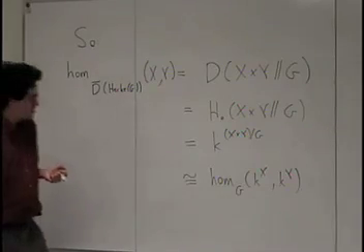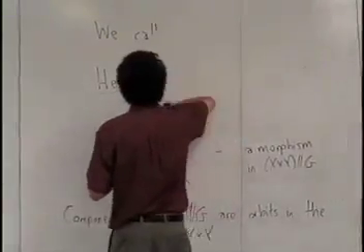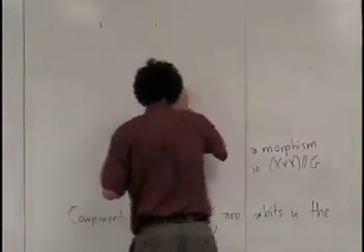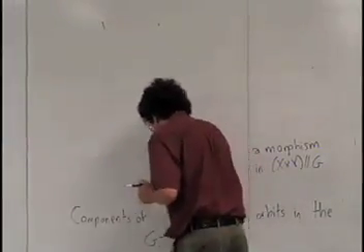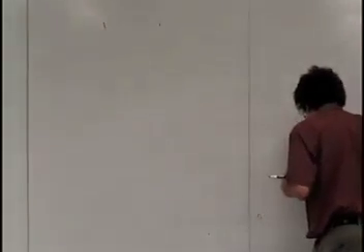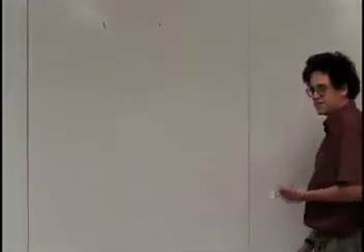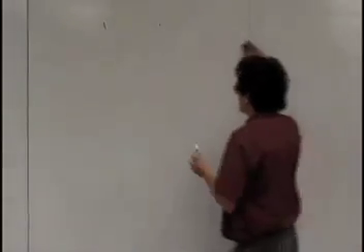What we've done is we've taken this Hecke category of G, turned it into a vector space enriched category, and see that that's nothing new.